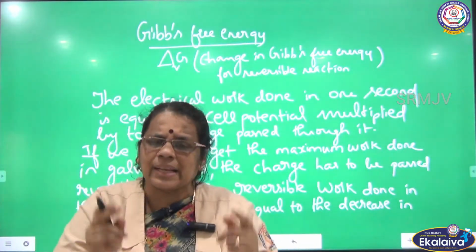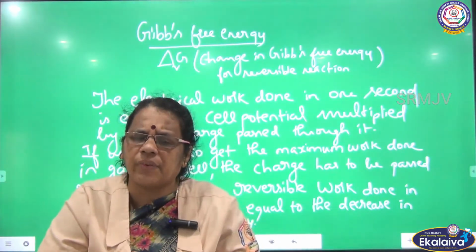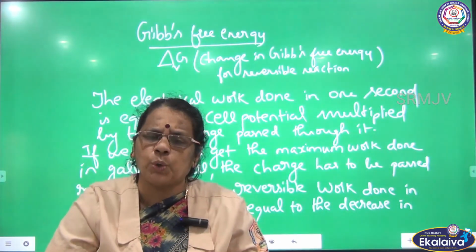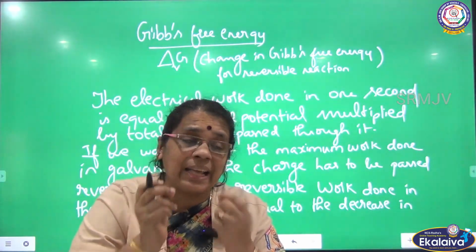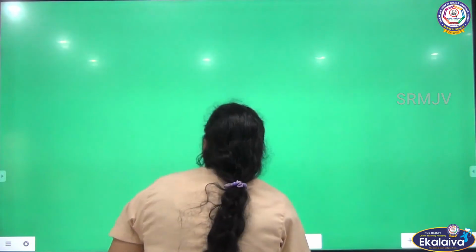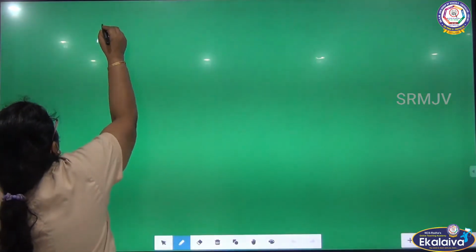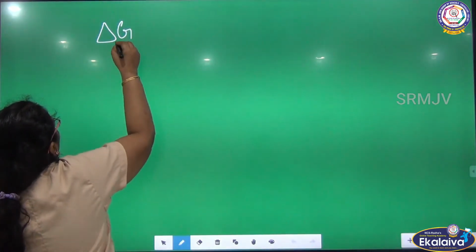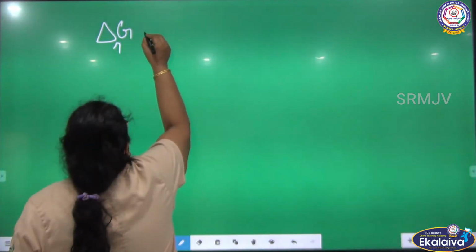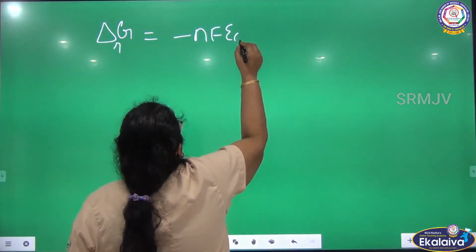In such a case, the decrease in Gibbs free energy is equal to minus nF E cell. We are going to bring the relationship between the Gibbs free energy and the cell potential. So delta G, the change in Gibbs free energy, is equal to minus nF E cell.